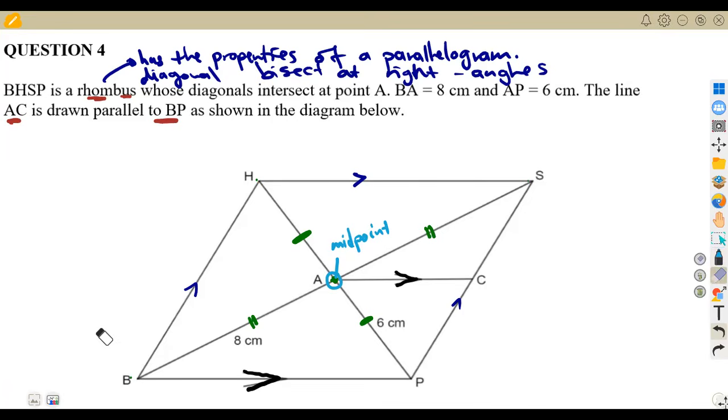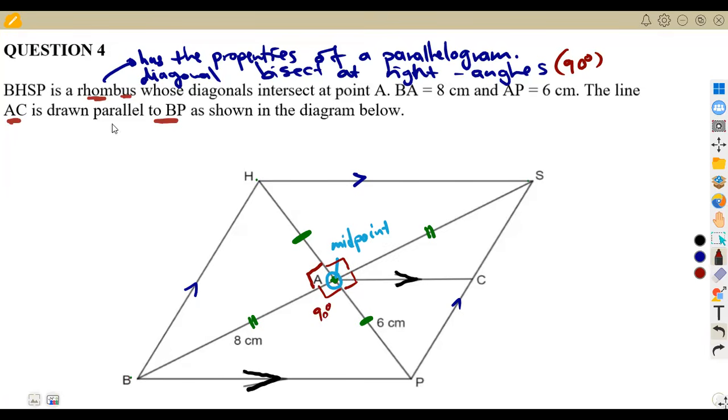So there are so many properties, and like I said, they do not just bisect, but they bisect at right angles. At right angles means 90 degrees. So at point A, there's a 90 degrees here, here, and here. They bisect at right angles, that is, at 90 degrees.